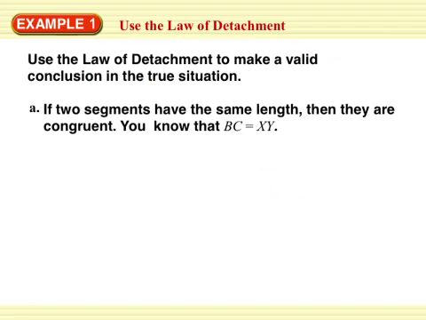First example, use the law of detachment to make a valid conclusion in the true situation. If two segments have the same length, then they are congruent. You know that BC equals XY.